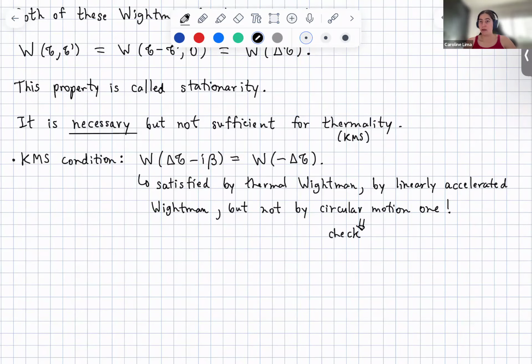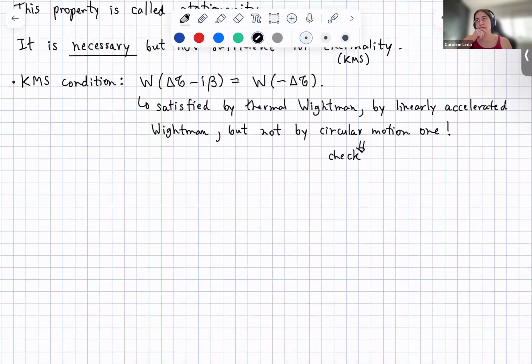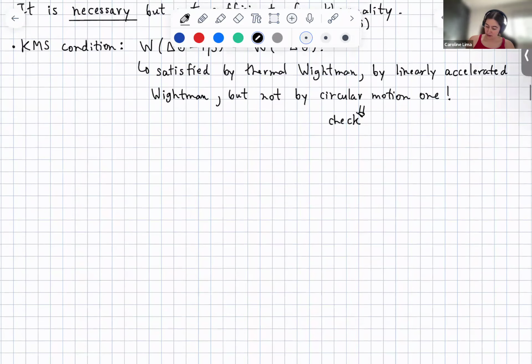Okay? But now, remember also that yesterday I defined some condition in terms of the detector itself.